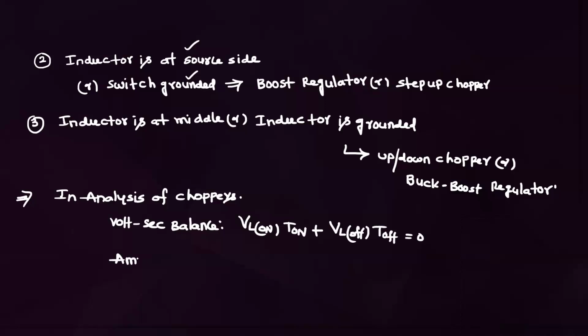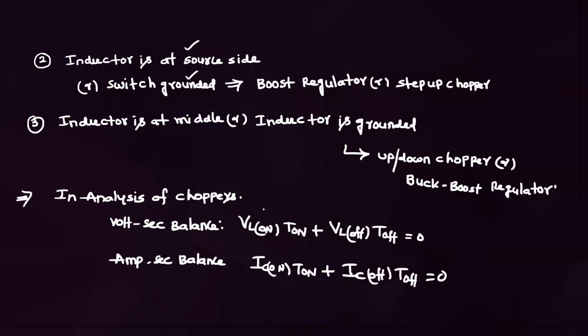Ampere second balance. These two formulas I have to use to derive many formulas. According to ampere second balance, IC on into T on plus IC off into T off equal to 0.